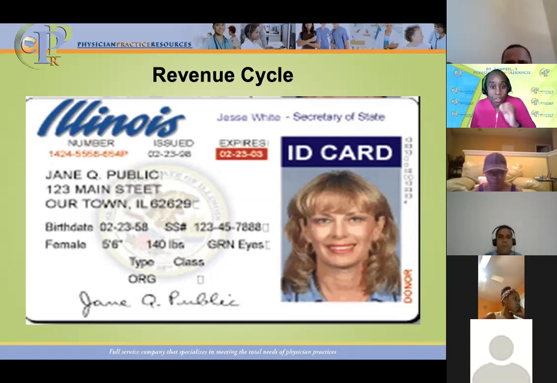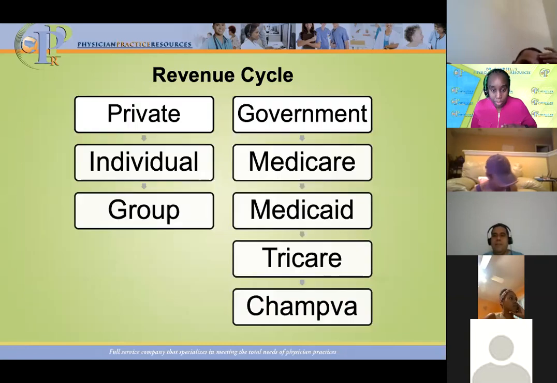So although this is not on the domain outline that AHIMA gives you, you should know the differences between your different insurance payers, your private insurance companies versus your government payers.